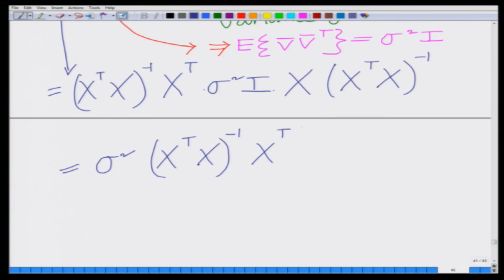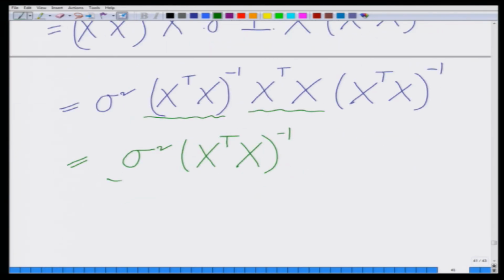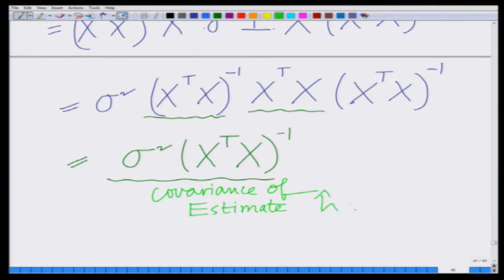So this reduces to x transpose x inverse times x transpose x, which is identity. So this is sigma square times x transpose x inverse, and this is the covariance of the estimate h hat of the vector parameter.